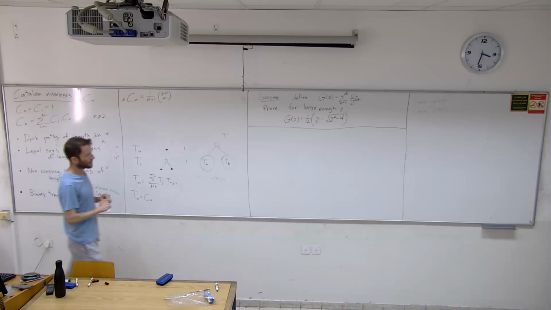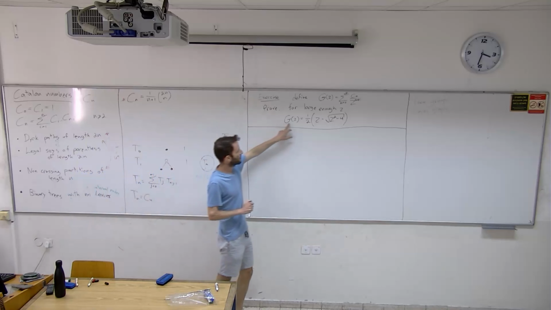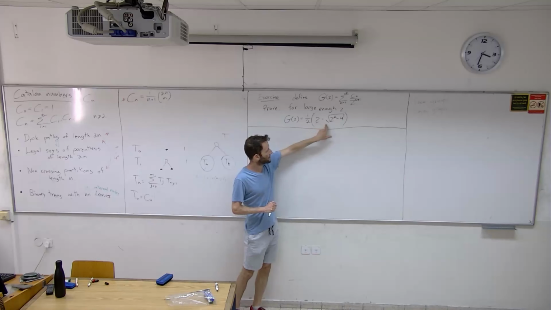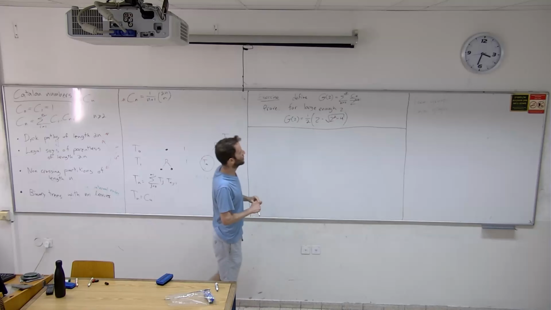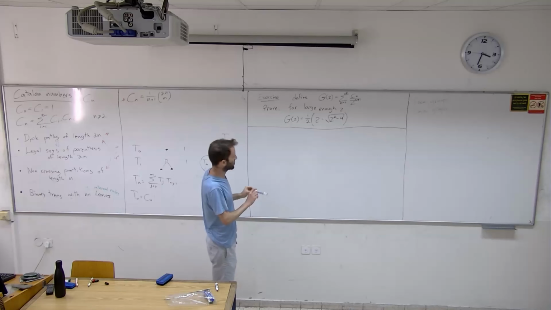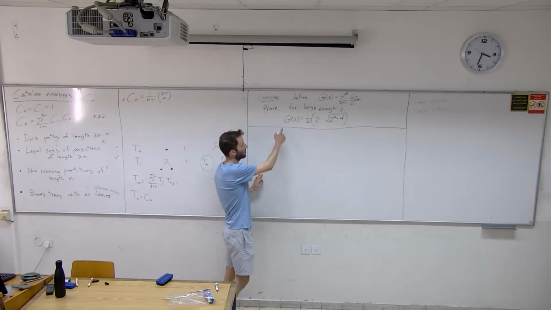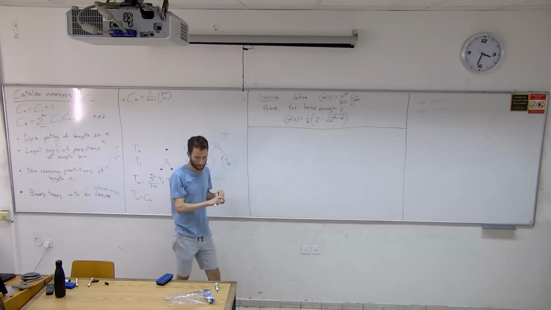Okay, now for expressing a generating function, something minus a square root has the looks of a solution to a quadratic equation. So what I want to do is to express a quadratic equation in this g of z.